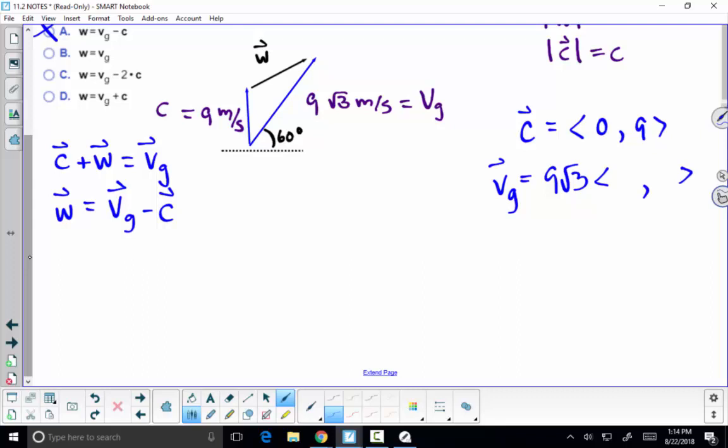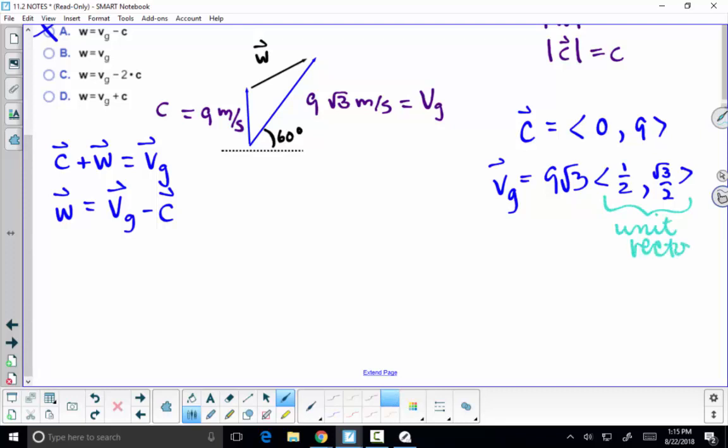And that unit vector is cosine 60, sine 60. We always do cosine first, sine second. Cosine 60 is 1/2, and sine of 60 is √3/2. So that is the scaled unit vector that will represent our velocity with respect to the ground.